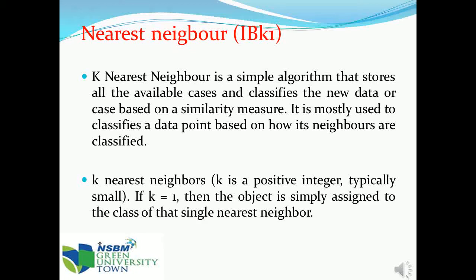It is mostly used to classify a data point based on how its neighbors are classified. In K nearest neighbors, K is a positive integer, typically small. If k equals 1, then the object is simply assigned to the class of that single nearest neighbor.